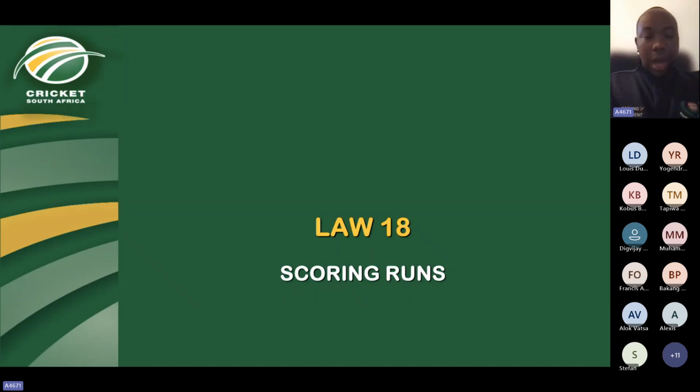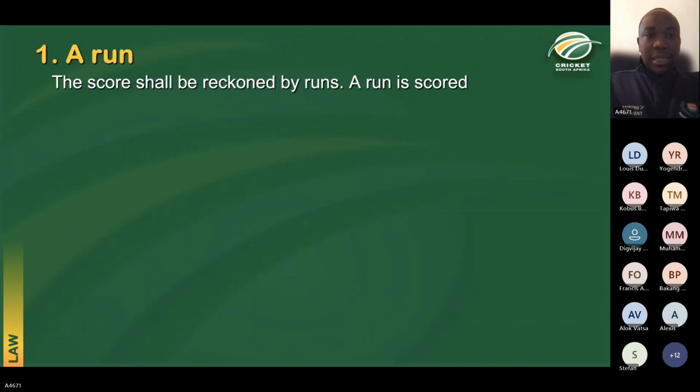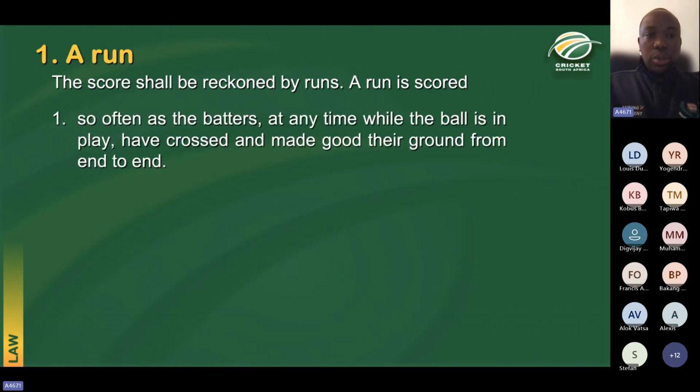So, how do we score runs? The law tells us that the score shall be reckoned by runs. When is a run scored? A run is scored so often as the batters at any time while the ball is in play have crossed and made good their ground from one crease.